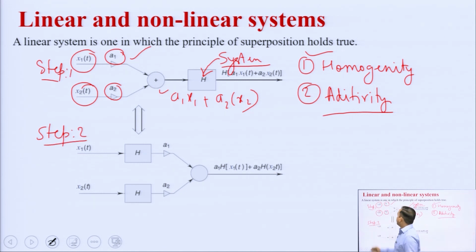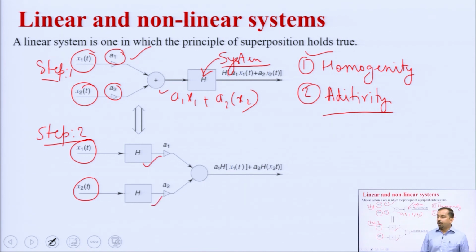What is step 2? Let us say we have the signals x1 and x2 and we are going to apply the system individually on these inputs. So, we have applied the system. Now, we will use the homogeneity, which is a1 and a2, meaning the output is multiplied by the factors a1 and a2.